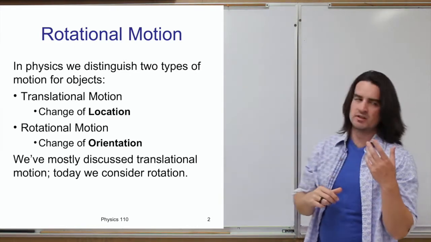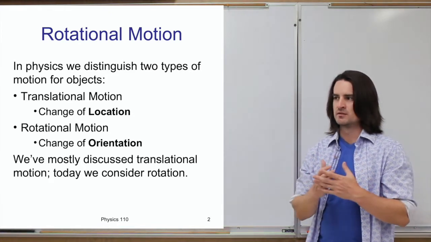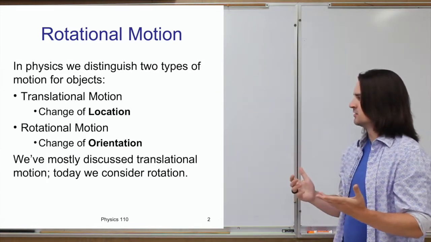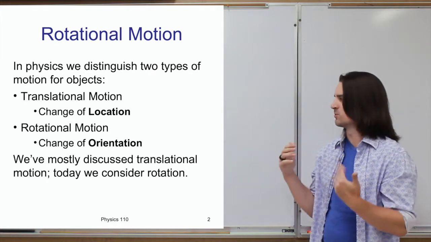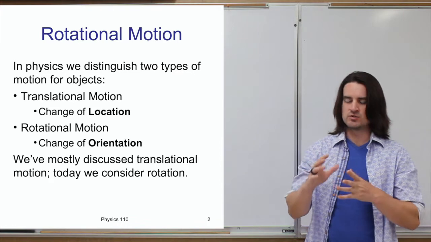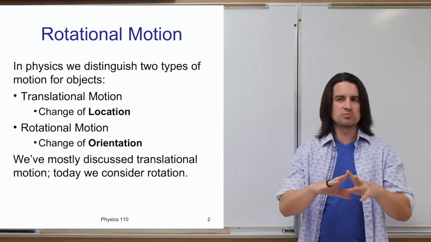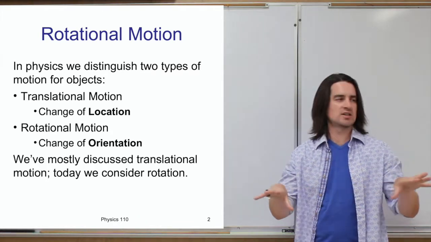So the other kind of motion that we're going to talk about now is not just if you change your location, but if you change your orientation. And that's what we call rotational motion. You can generally think about splitting that into two separate things, but it's actually just the same type of stuff.